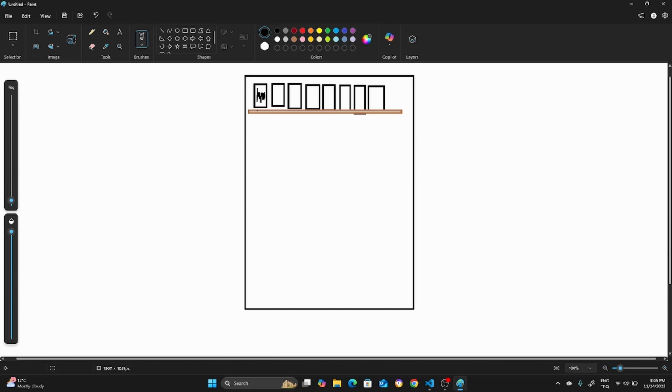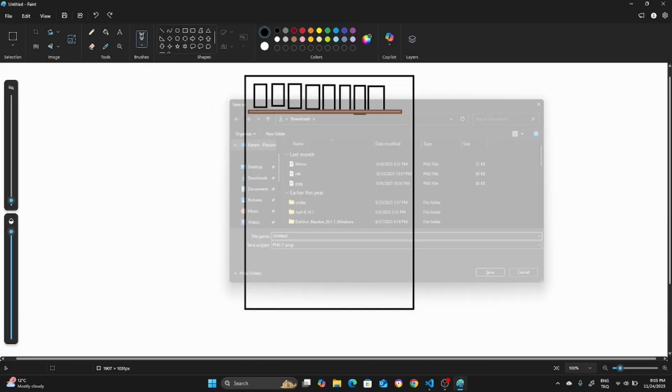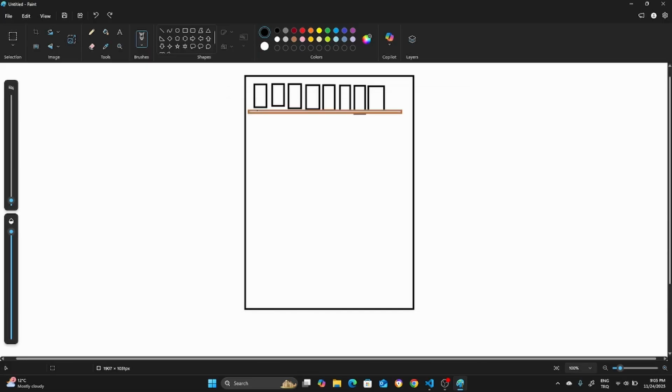So that's the idea that I had, and in my code I wrote something that continues to check this brown surface, and it made sure to detect which slot our opponent played the card from.